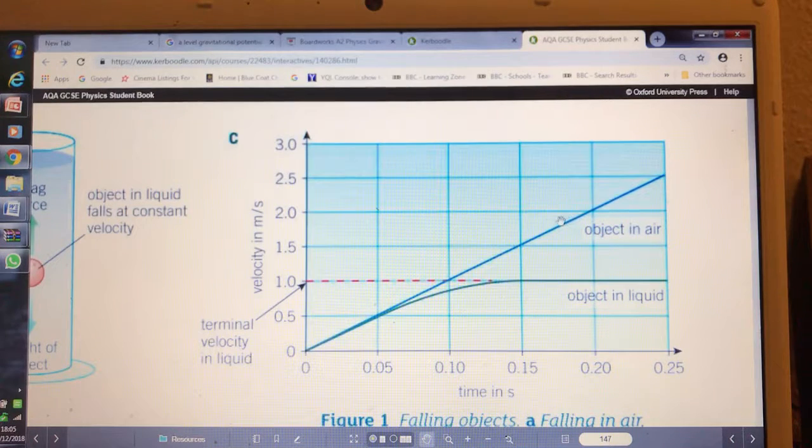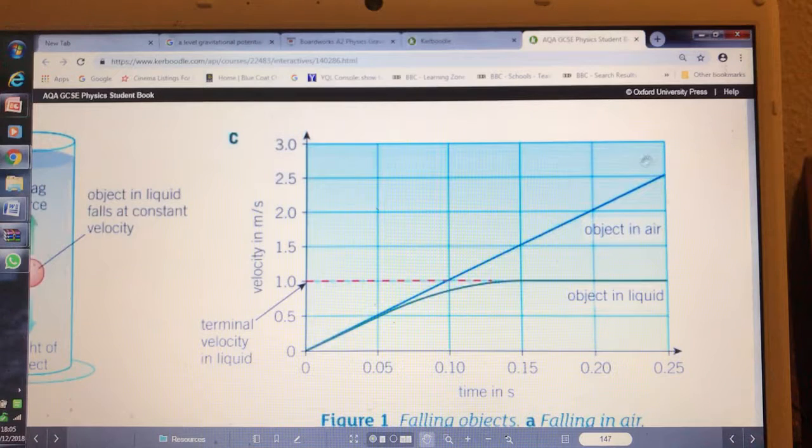So if we take this example of the object in the air, this will continue to move with uniform acceleration, but eventually, due to the build-up of air resistance, it will reach constant velocity as well.